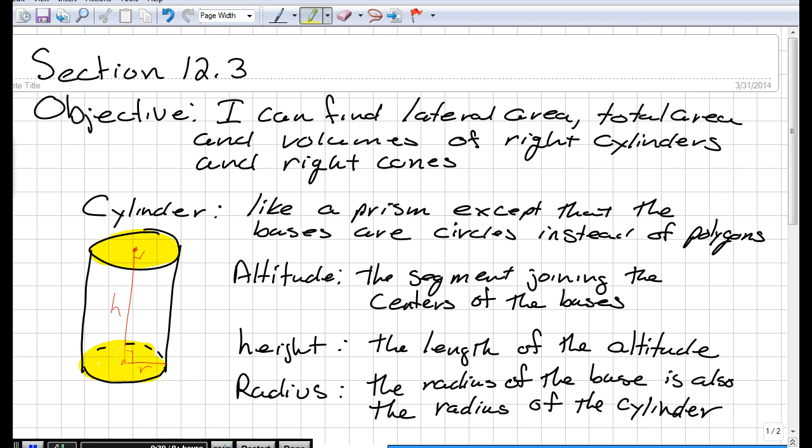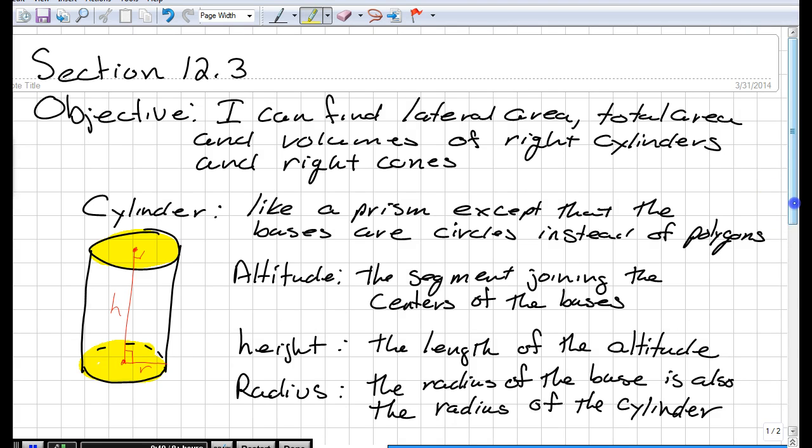The altitude is defined as the segment that joins the centers of the two bases. And the height, of course, is the length of the altitude. The radius of a cylinder is the radius of the base.